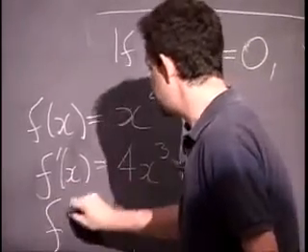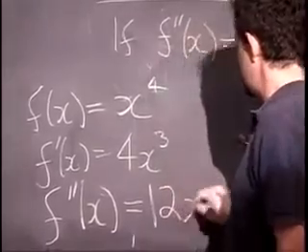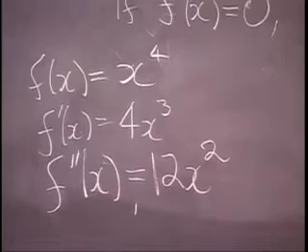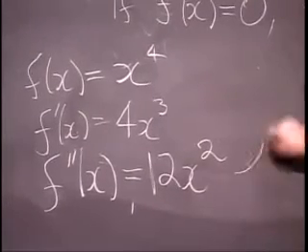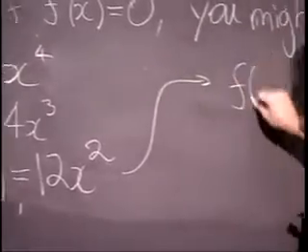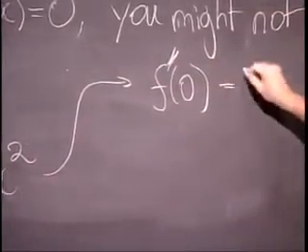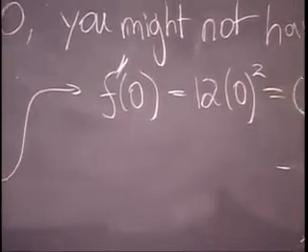F prime is 4x cubed, f double prime is 12x squared. Now 12x squared is 0 when x equals 0. F double prime of 0 is 12 times 0 squared, which is 0.